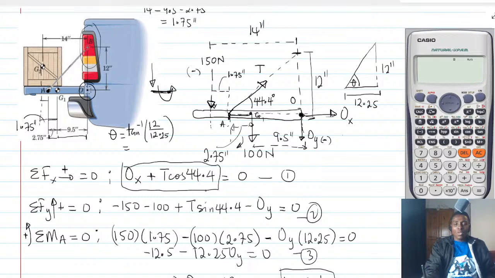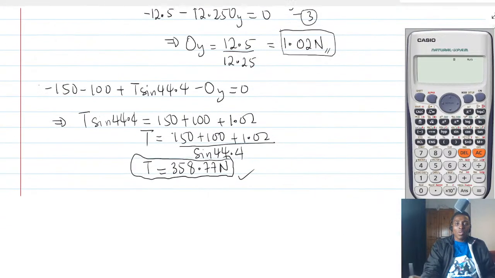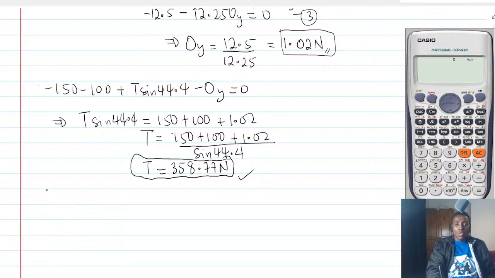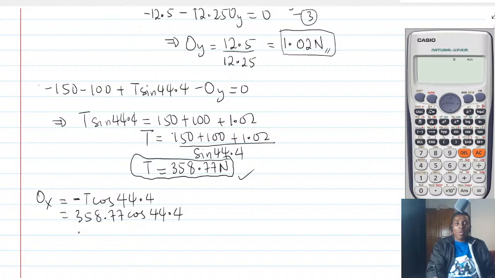OX will just be minus T cos 44.4, which is minus 358.77 cosine 44.4. And what is that?